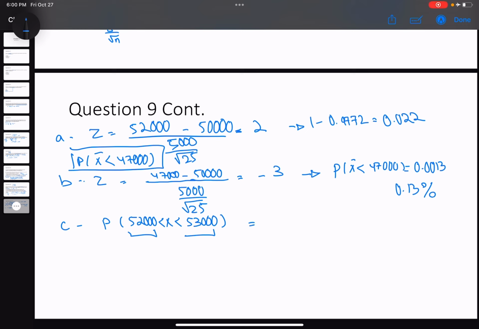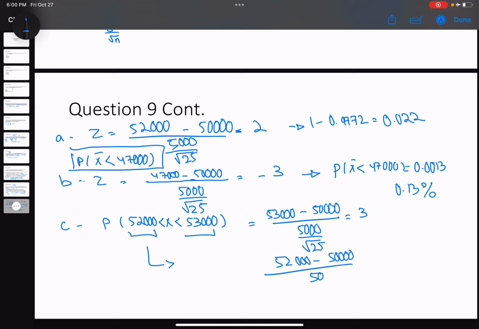So first let's calculate for 53,000: 53,000 minus 50,000 divided by 5,000 divided by the square root of 25. Here it will be 3. And for 52,000, it will be 52,000 minus 50,000 divided by 5,000 divided by the square root of 25. It will be 2.